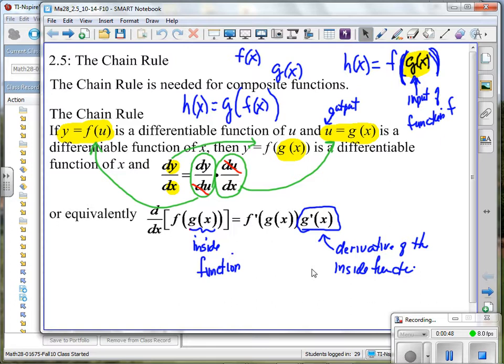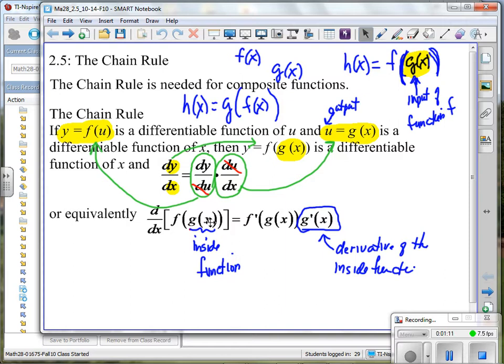And it's imperative that we understand that, because in a composite function, g of x is the output of function g, but it's the input of function f. And so when we have this input-output idea, then we get into this inside function and outside function.